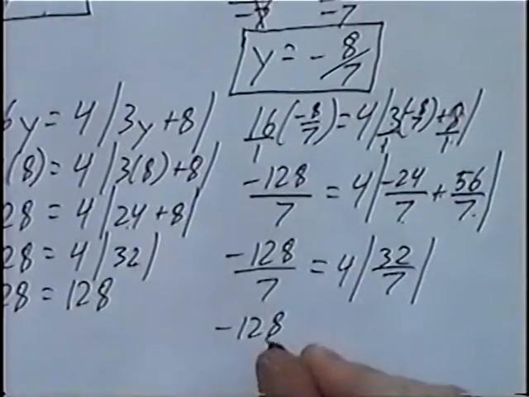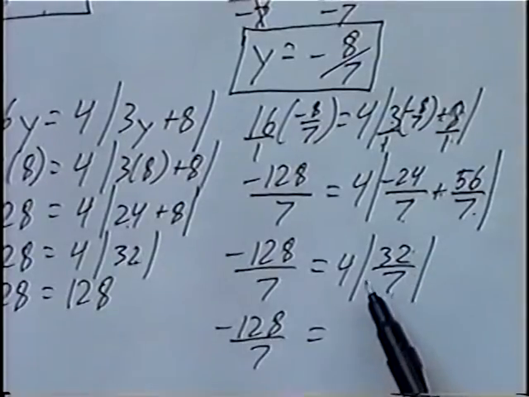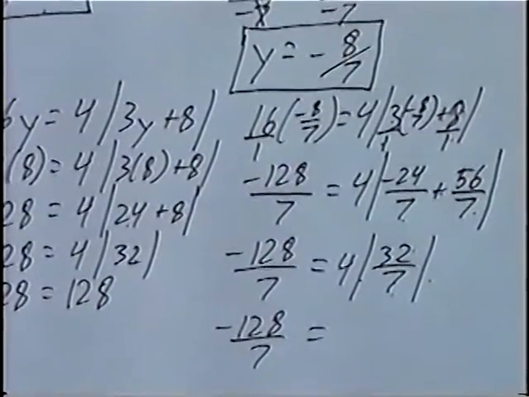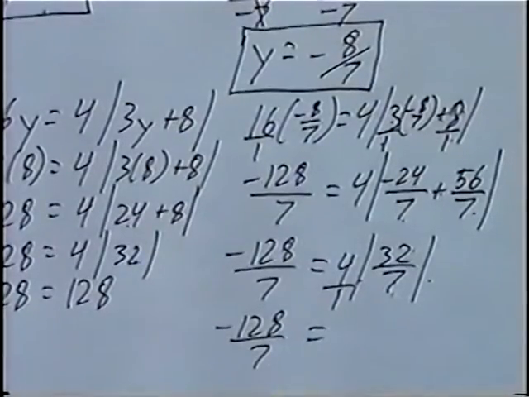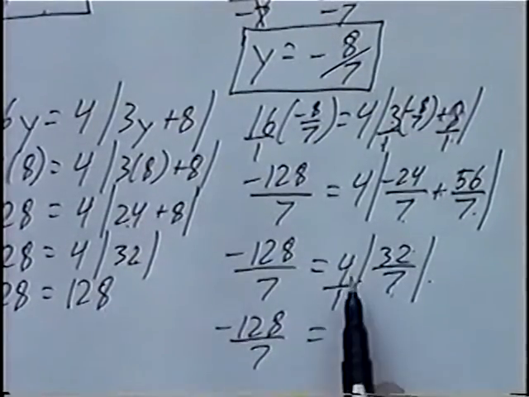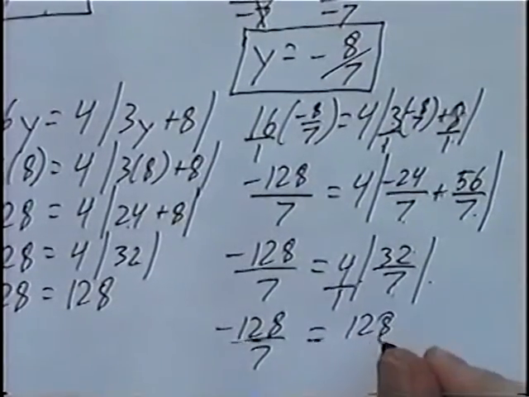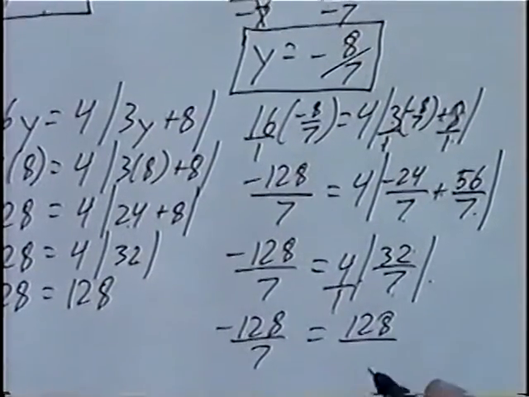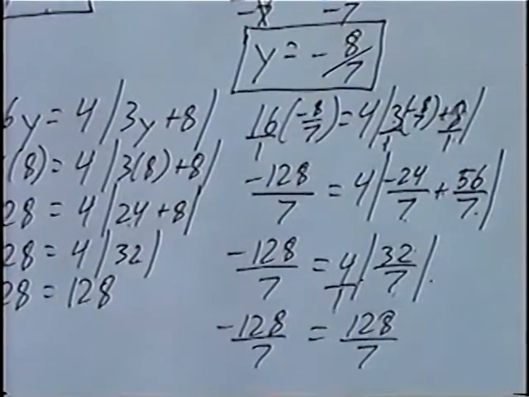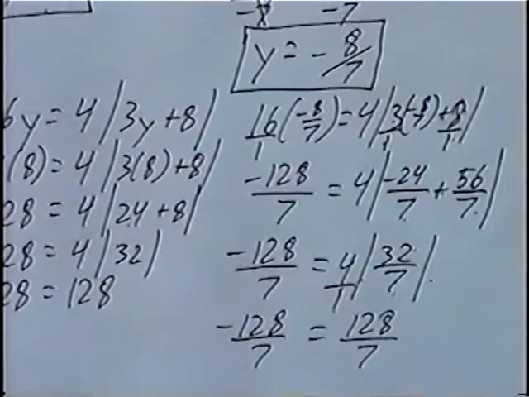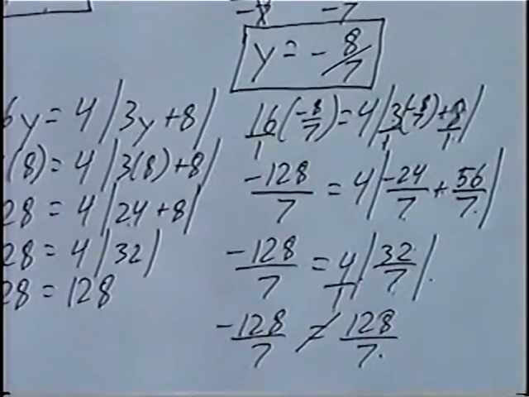Negative 128 over 7 stays the same on the left-hand side. 32 over 7, the absolute value would stay the same. Multiplying by 4, we can change the 4 to a fraction, 4 over 1. And multiplying 4 times 32, that would be 128. And 1 times 7 would be 7. Negative 128 over 7 does not equal positive 128 over 7.